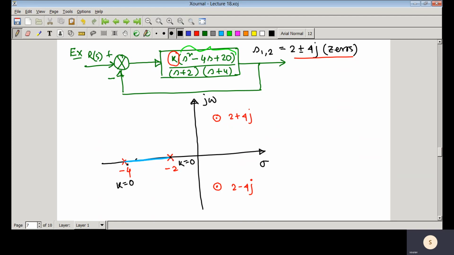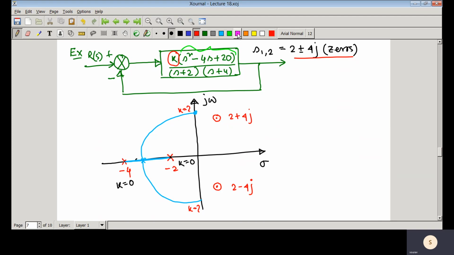So that means your root locus will start from -2 and -4, and when we keep on increasing the value of k, at a particular value between -2 and -4, that is the breakaway point, it will go like this, and there would be a point where the roots cross the imaginary axis.